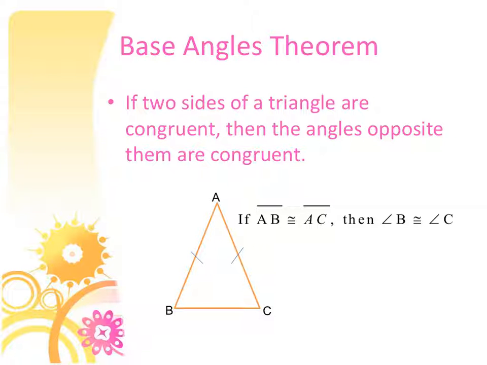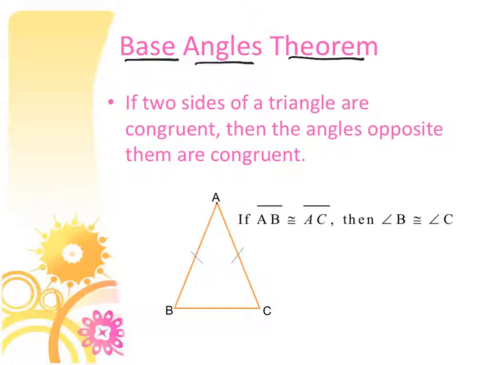Okay, so here's what's really cool that you can get from isosceles triangles. It works every single time, and it's very, very important. What we are about to do is called the base angles theorem, which means that this may come up in a proof, because here's another theorem, because you have not learned enough theorems already. Base angles theorem: if two sides of a triangle are congruent, then the angles opposite them are congruent.